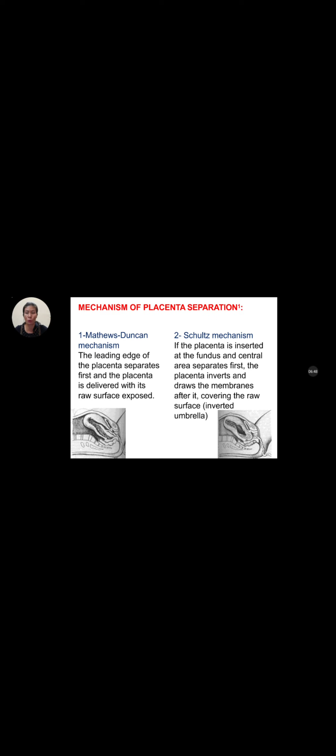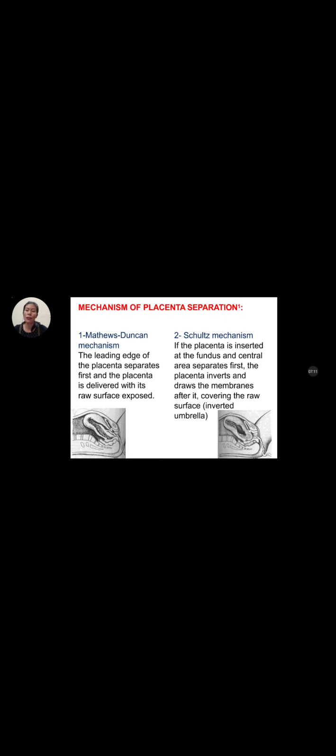raw surface exposed. Here in the image also you can see that the leading edge is coming down and the portion of the placenta is above, and the leading edge will lead to descent, and the other parts will follow.